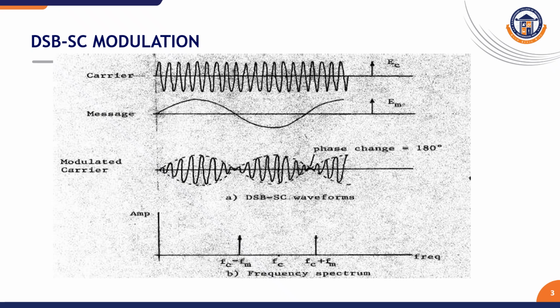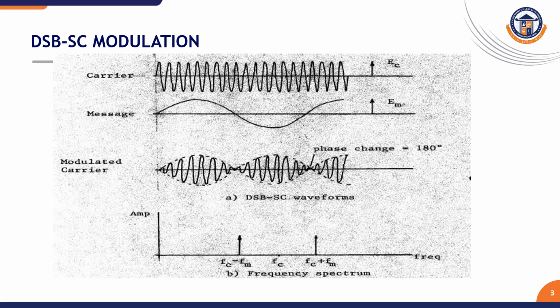And the second wave is the original message waveform. Its amplitude is Em. What is meant by modulation? The process of superimposing the message signal over the carrier signal. As we are well aware, there are different types of modulation: amplitude modulation, frequency modulation, and phase modulation. We are focusing on amplitude modulation, where the amplitude of the carrier is varied according to the message.